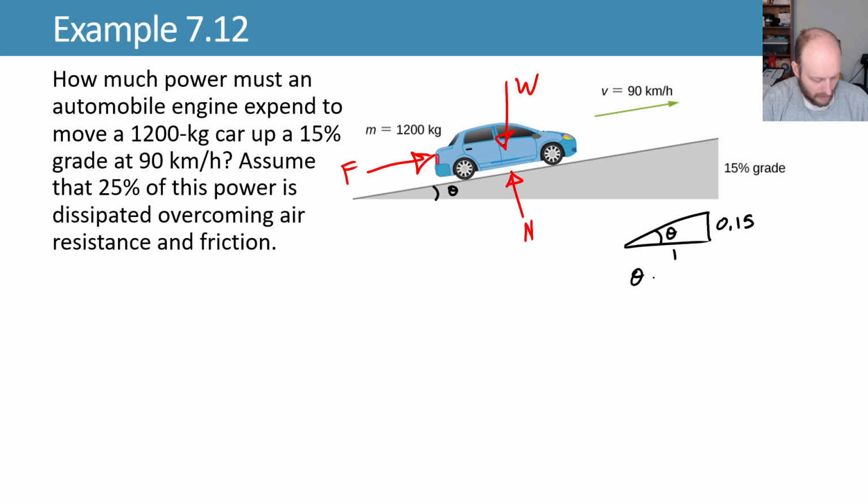So we can say that that angle is equal to the inverse tangent of 0.15. So if you've ever seen those signs that say 15% grade, danger, trucks, whatever, now you know, you can figure out the actual angle that that corresponds to. Here, that's 8.53 degrees.